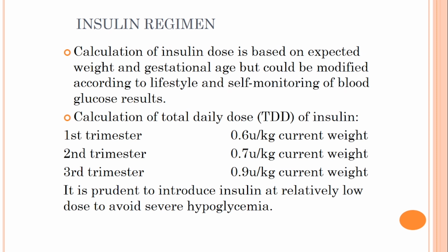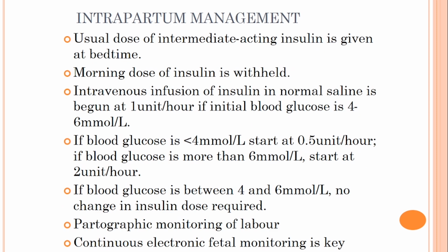In the second trimester, a dose of 0.7 international units per kilogram is given. In the third trimester, a dose of 0.9 international units per kilogram is given. However, it might be prudent to go lower and be flexible with all these insulin dosages for fear of hypoglycemia.